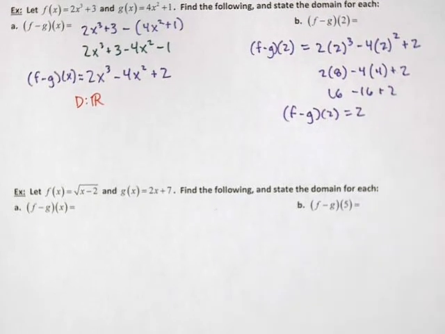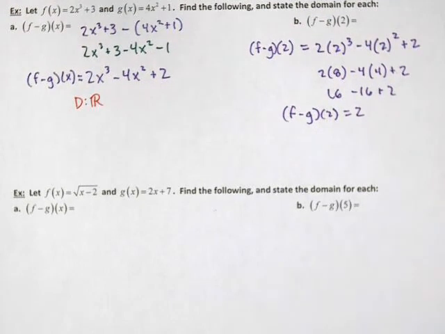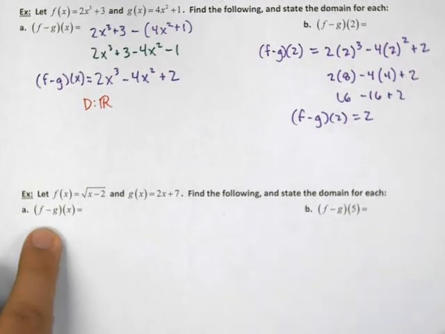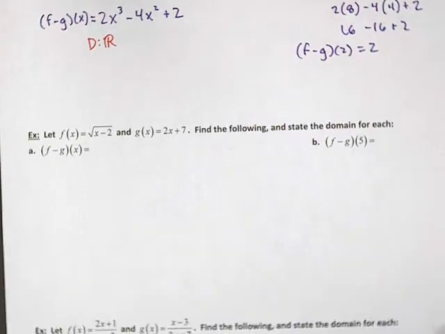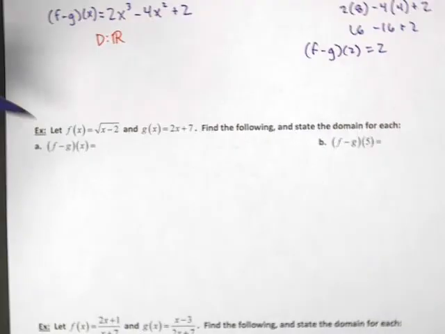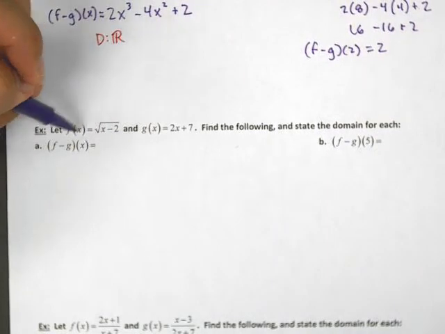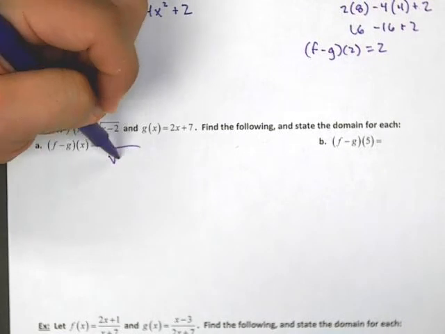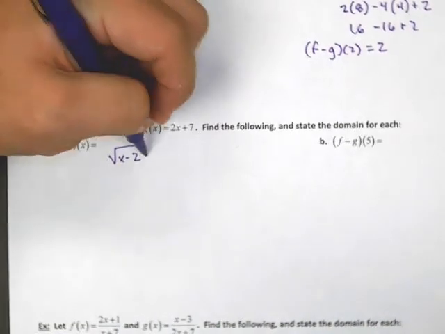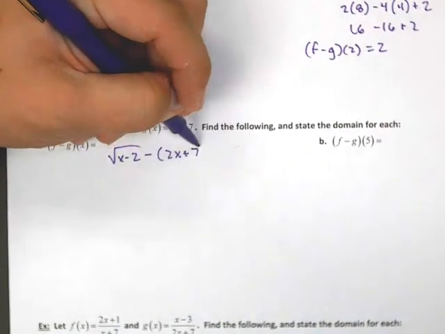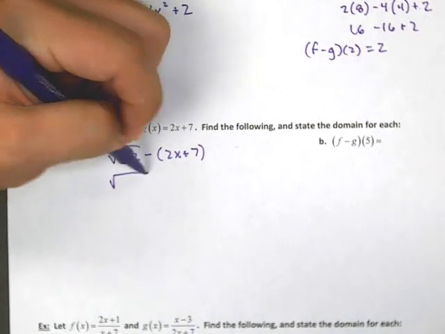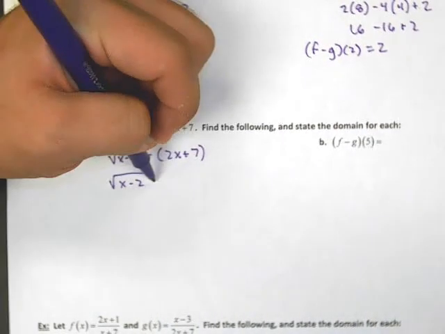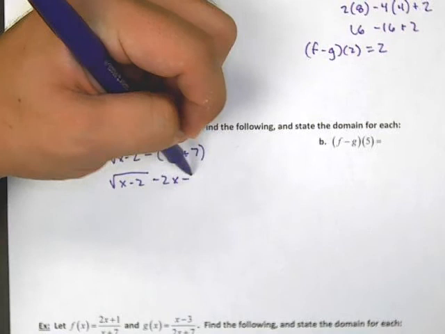Okay, let's take a look at the next one. F minus g again. Okay, more subtraction. What are we going to do? We're literally just going to write the f function minus the g function. So, square root of x minus 2 minus 2x plus 7. When I go to clean this up, x minus 2 minus 2x minus 7.